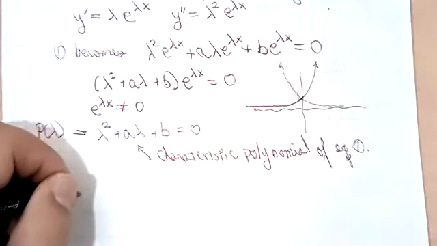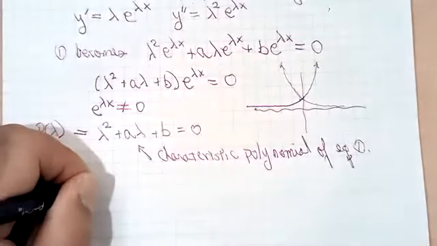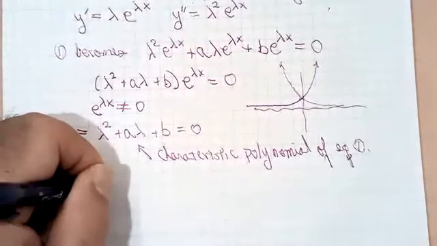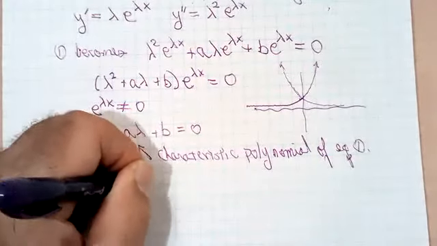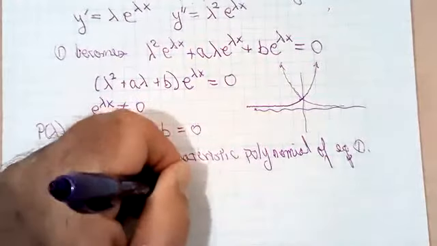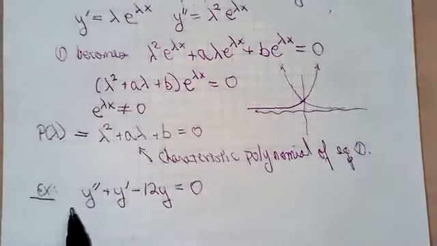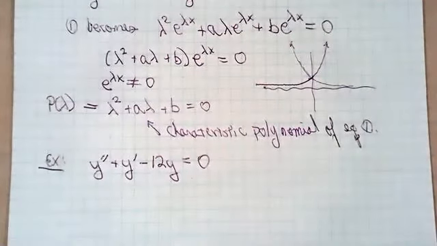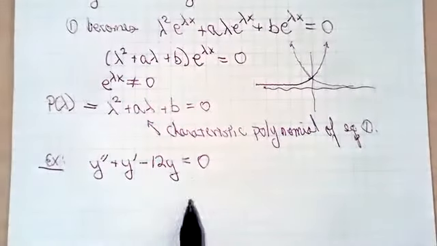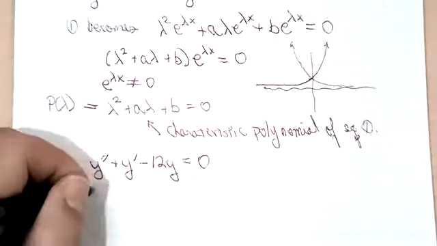So y double prime plus y prime minus 12y equals 0. I am going to solve this equation, and it's actually going to go really fast. So what I first do, step number 1, is I write down the characteristic polynomial.